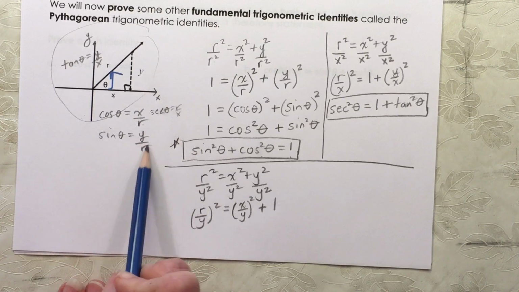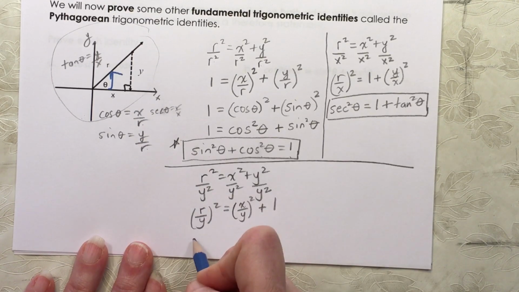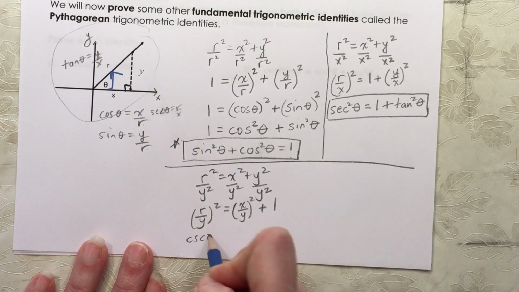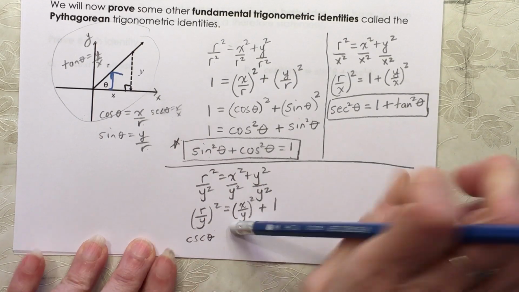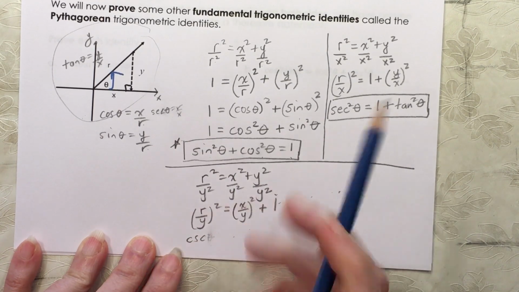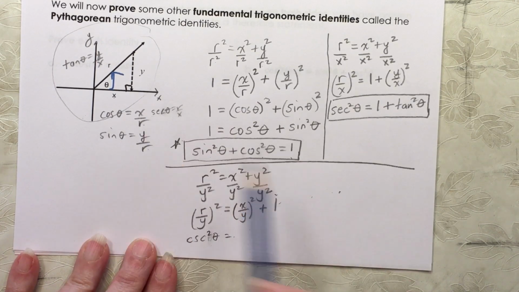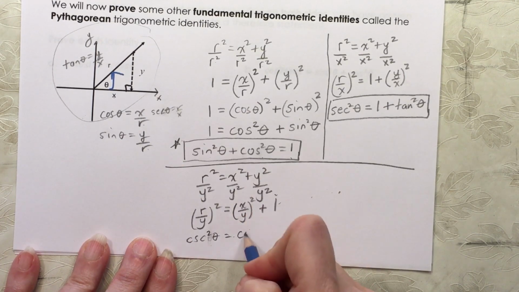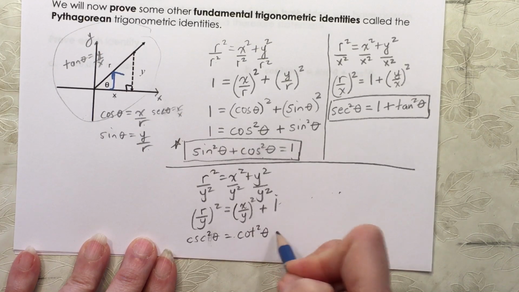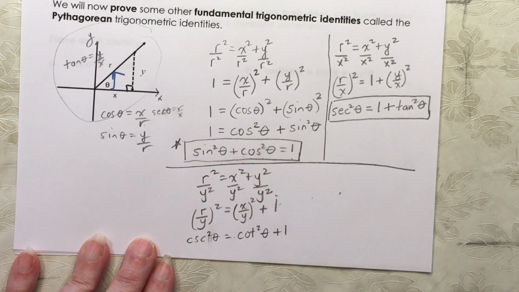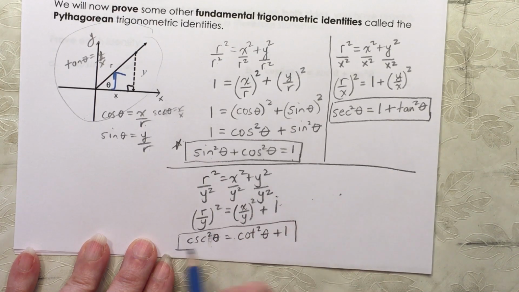And if sine is y over r, we know that then cosecant would be r over y. Oops, forgot to put the squared. And if tan is y over x, then cotan is x over y, so cotan squared theta plus 1. And there's our last Pythagorean identity.